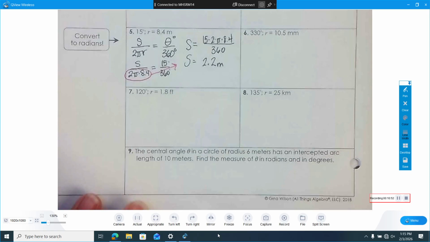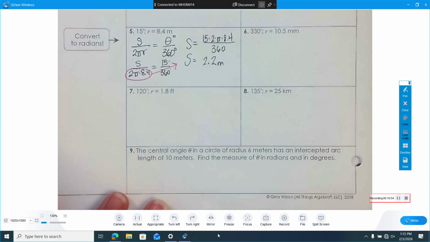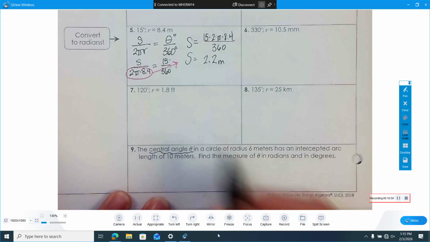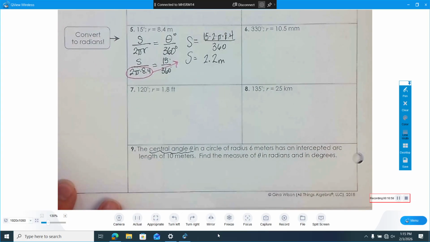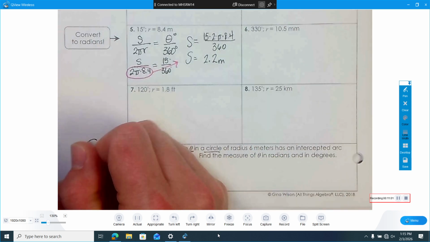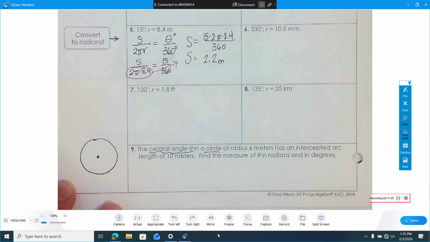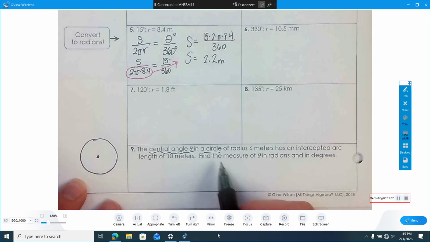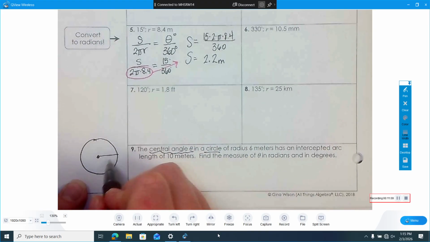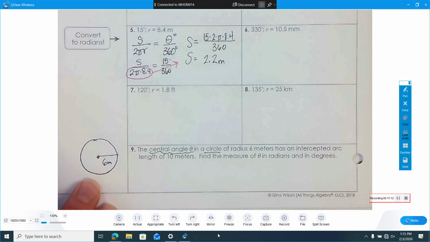Oh, actually, we're going to do number 9. Number 9 says, the central angle theta in a circle. So, drawing a picture here, we have a circle. A central angle goes through the center of a circle. The circle has a radius of 6 meters.